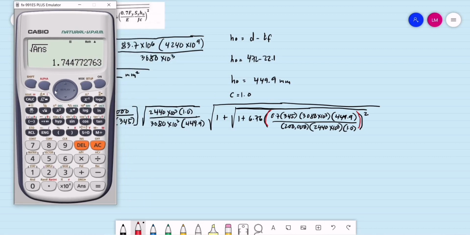Then to be multiplied by the square root of 2,440 times 10 raised to 3, then divided by 3,080. So we have 3,080 times 10 raised to 3, then multiplied by h sub o, that is 449.9.